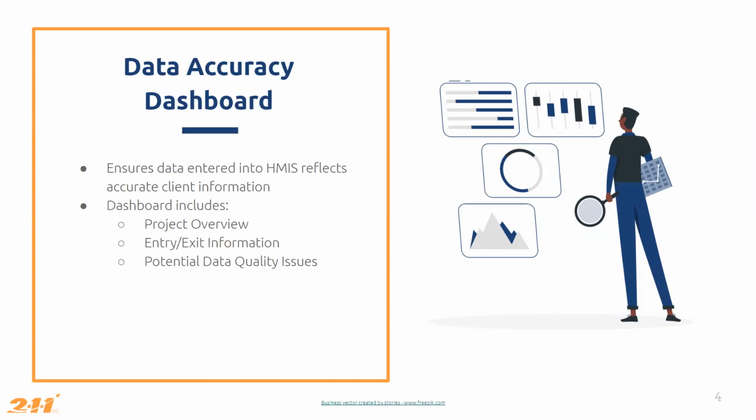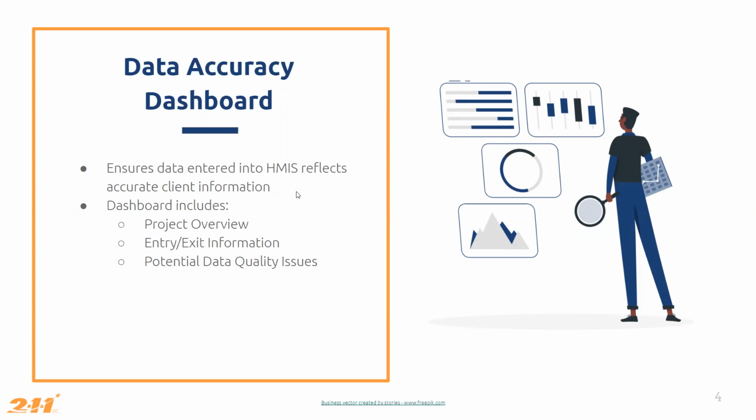So like I said, this would be veteran information, the chronically homeless clients, the household composition of everyone in your projects, as well as gender. And so these are all broken down at the project level, so you'll be able to review and see if the data that you have for these clients makes sense.